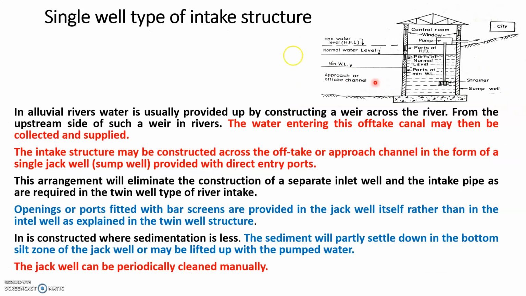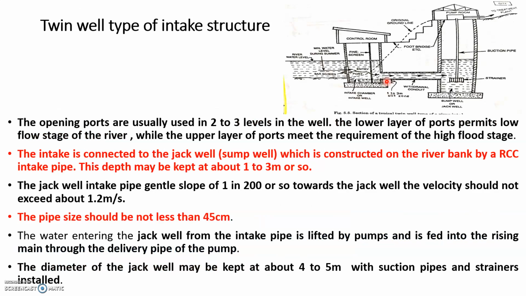Next one, a single tower intake, or single well type of intake structure. In the previous case, there was an additional structure, but now there is no additional structure over here. In the twin tower intake, one is in the riverbed and another is on the shore, so this jack well is always on the shore itself.